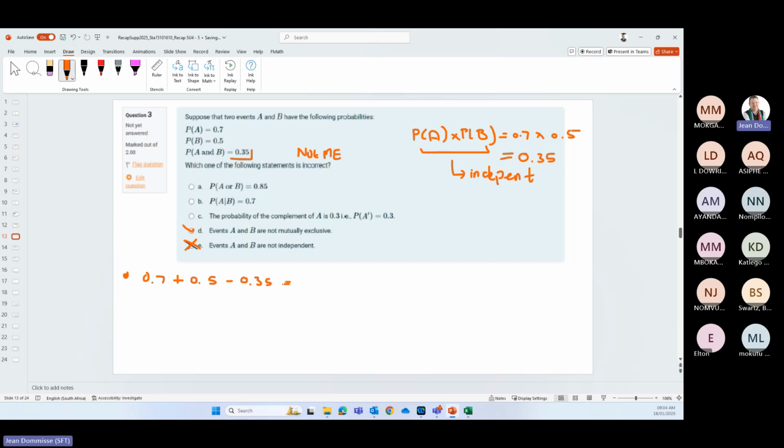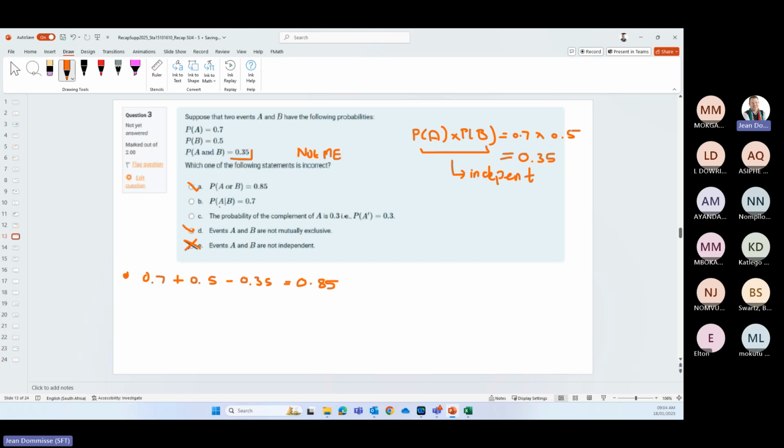Okay, so that is 0.7 plus 0.5 minus 0.35, which is equal to 0.85. That is correct.